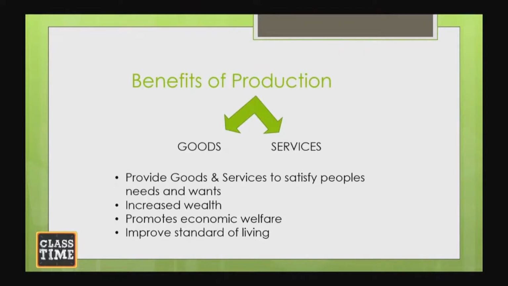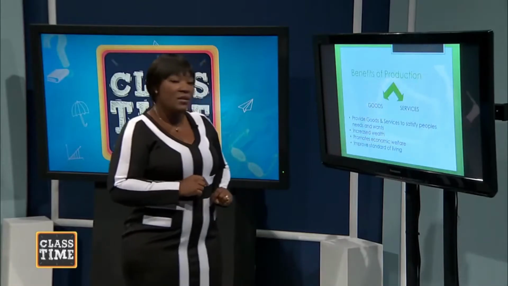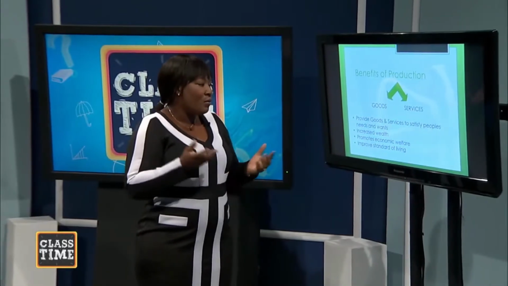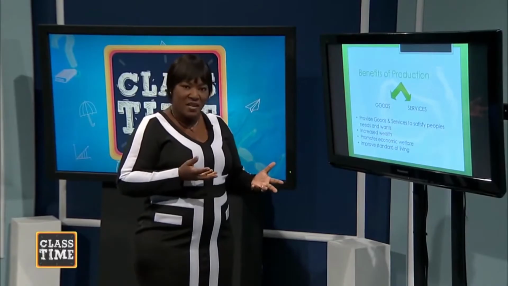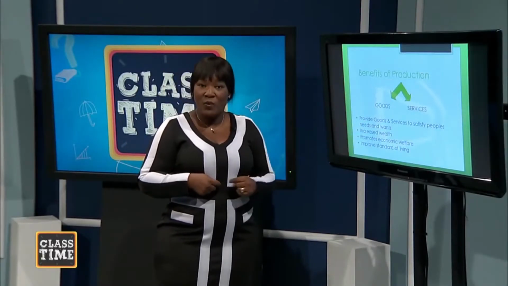Listen to how we can best remember the benefits of production. If we improve production, increased production would increase what? Your wealth. Next, increased wealth would automatically give us a better economy. So increased wealth would promote economic welfare.